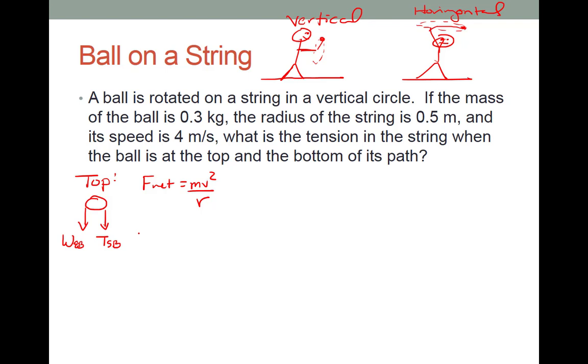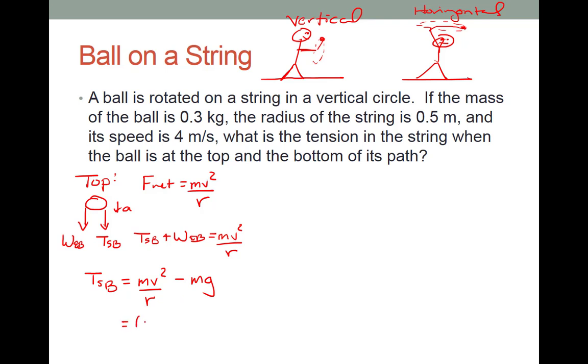We have two forces which cause the net force. The tension and the weight are both in the direction of the acceleration, which means the tension equals mv squared over r minus mg.